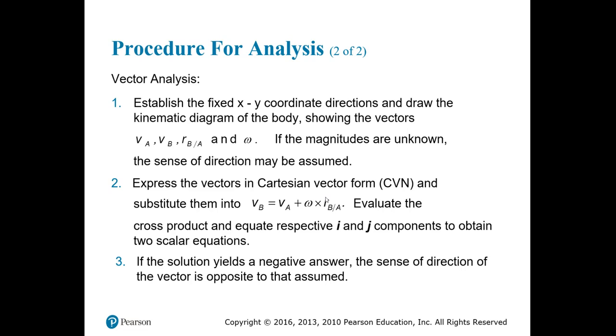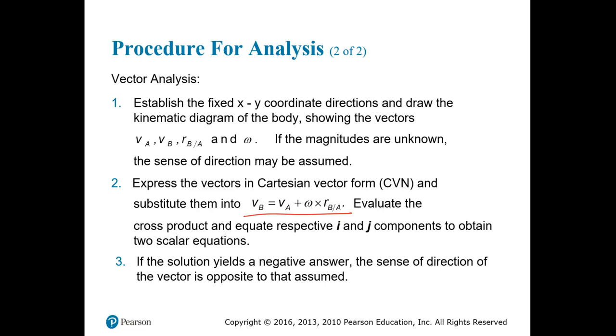Then we need to express the vectors in Cartesian form and substitute them into the equation right here, vB equals vA plus omega times the position vector of B with respect to A. We need to evaluate the cross products and equate the respective i and j components to obtain two scalar equations.